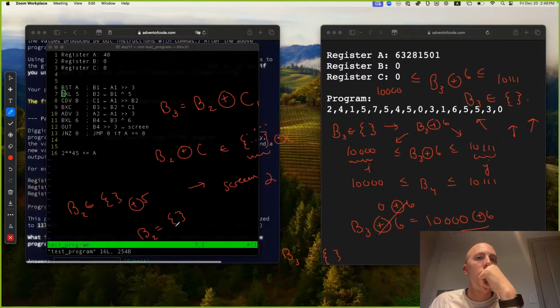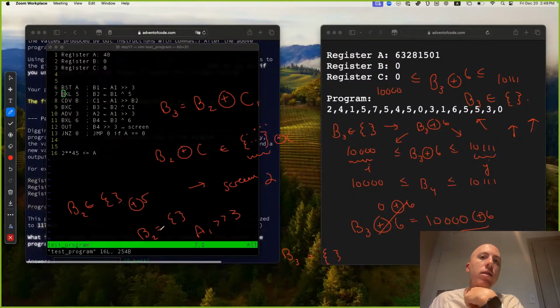So if B2 is any one of these, then we will output a 2 to the screen. B2 is equal to A1 bit shifted by 3.